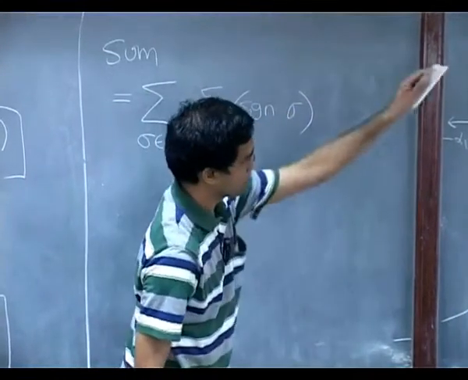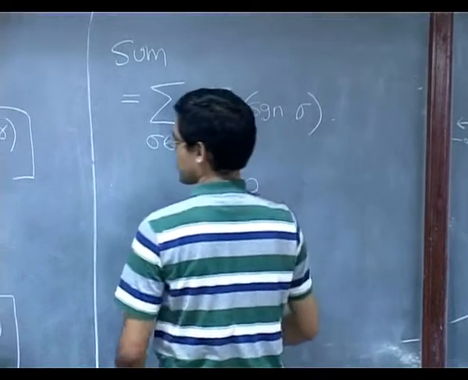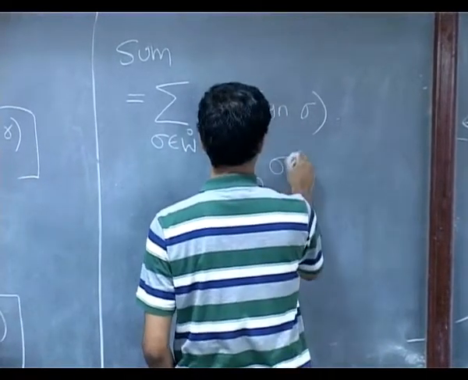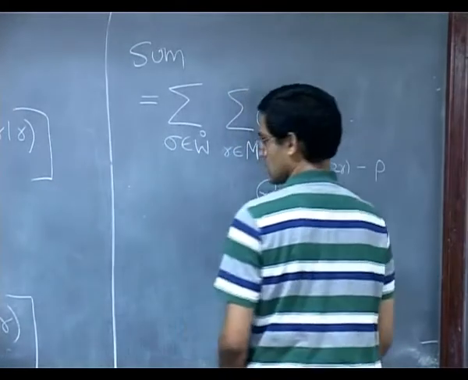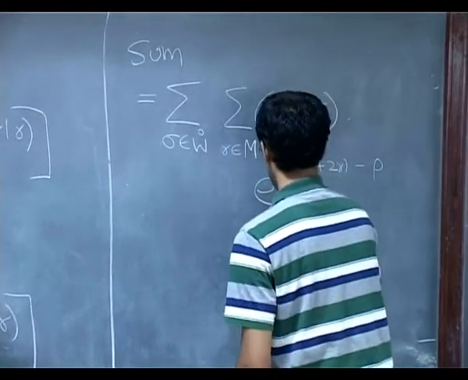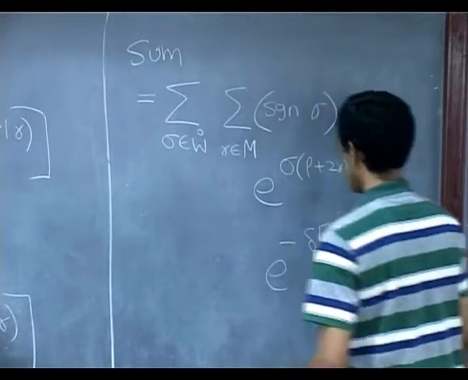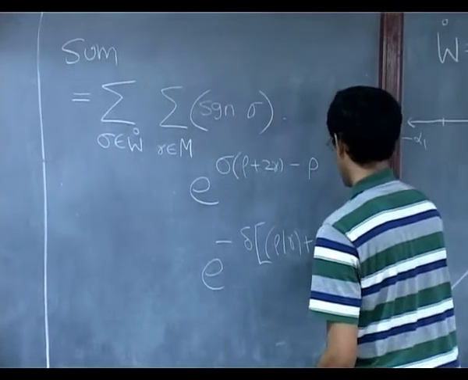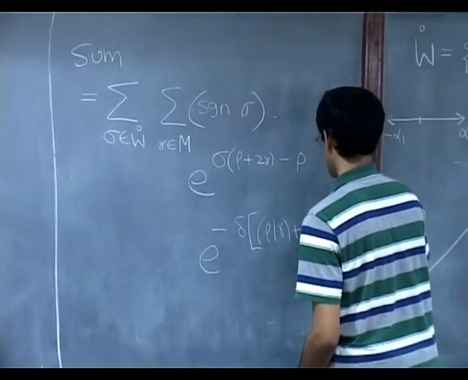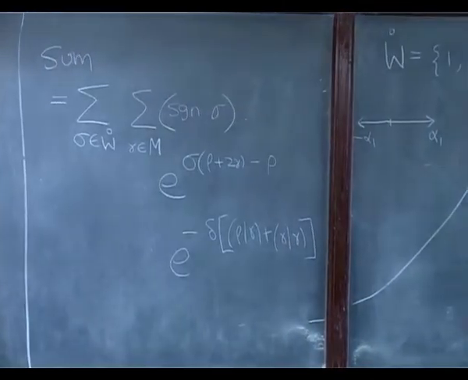The sine of T gamma is a 1 times e to the sigma of rho plus 2 gamma minus rho times e to the minus delta times rho gamma plus gamma gamma. Okay, so I wrote everything out.